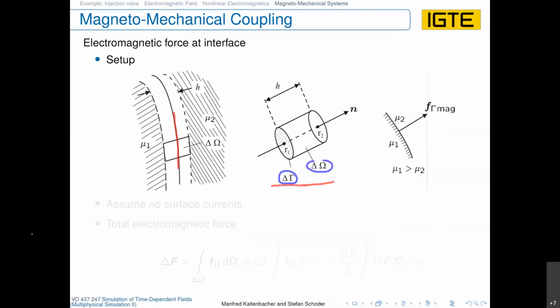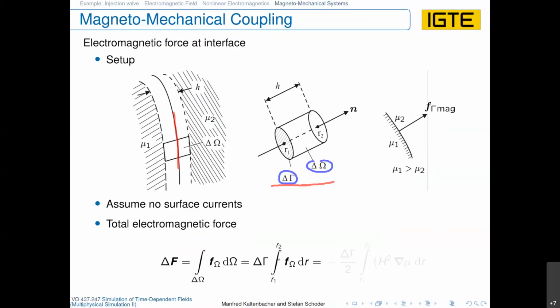Now we assume no surface currents here, and the total electromagnetic force delta F in this sense would be just for this small body that we integrate our force density we have seen before. So H squared multiplied by the gradient of the permeability over this small volume.